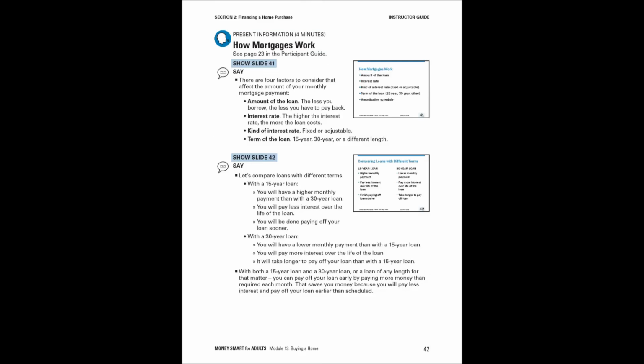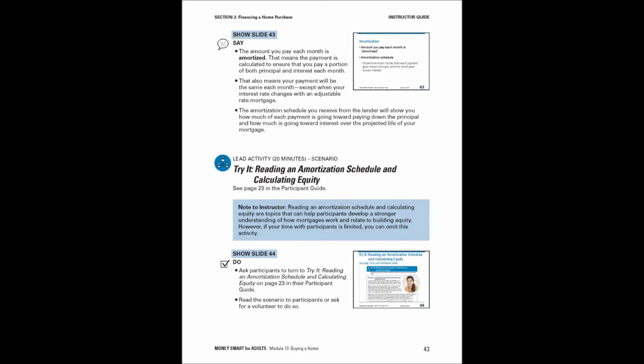The next portion of this is getting into how mortgages work in terms of the amount of the loan, interest rate, the kind of interest rate, and the terms of the loan. Some people are going to want a 15-year loan, others are going to want a 30-year loan. So these next few slides go into that discussion, and you're going to help people to understand what that's all about, because that lends itself to amortization, which is here on slide 43, where you're talking about the amortization.